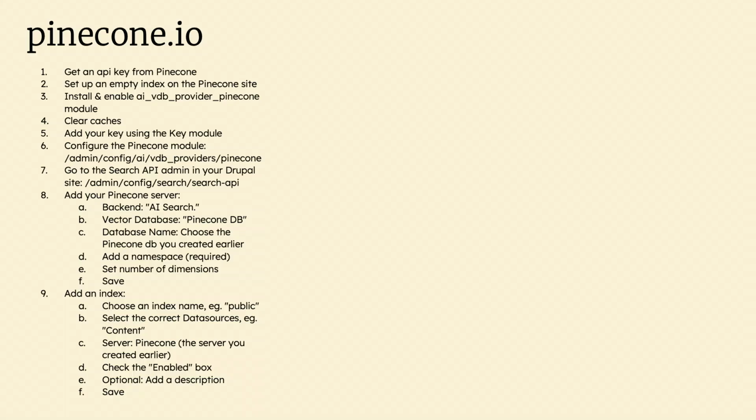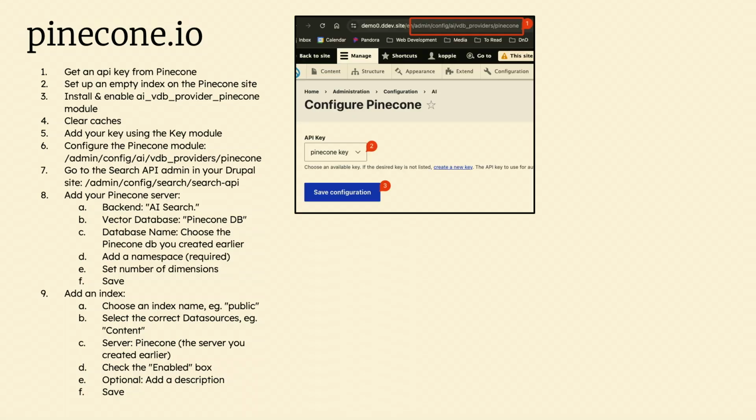Now, one more aside on this. The reason that you need a third party for this is because this is something that Pantheon, for example, or Acquia does not do. They don't do vector databases. So you can't host this on them. Pinecone.io does a great job of it.